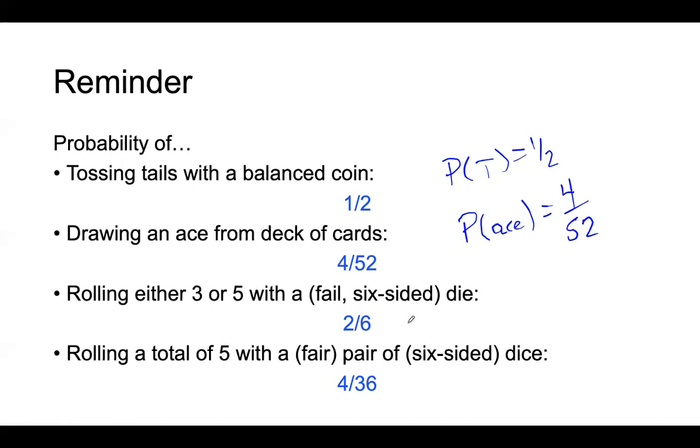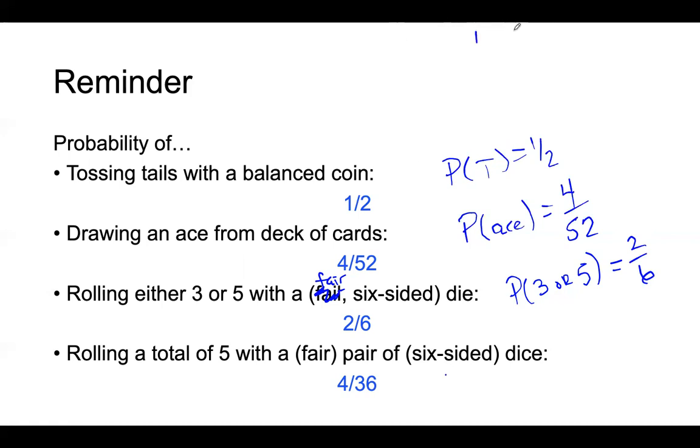The probability of either rolling a 3 or a 5 on a fair die is 2 over 6. And rolling a total of 5, let's say with a fair pair of 6-sided dice, would be 4 over 36. So let's look at this example.